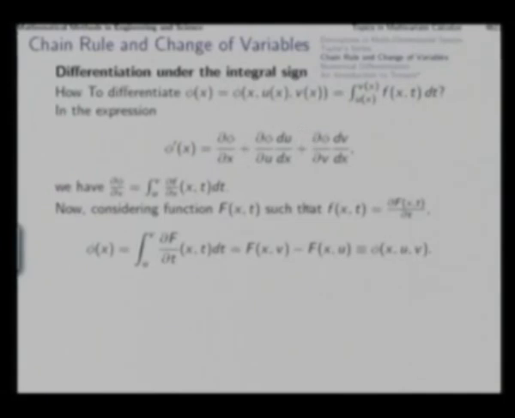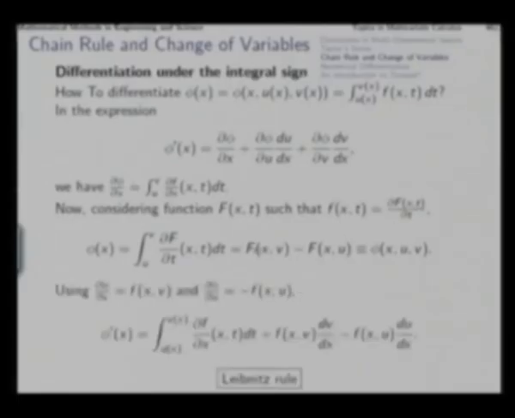So, we do that. The partial derivative with respect to u will be found from here, that is minus del f by del t evaluated at t equal to u, and similarly for this. From here we get these two expressions, insert them for the partial derivatives here, and then we get the complete expression like this.